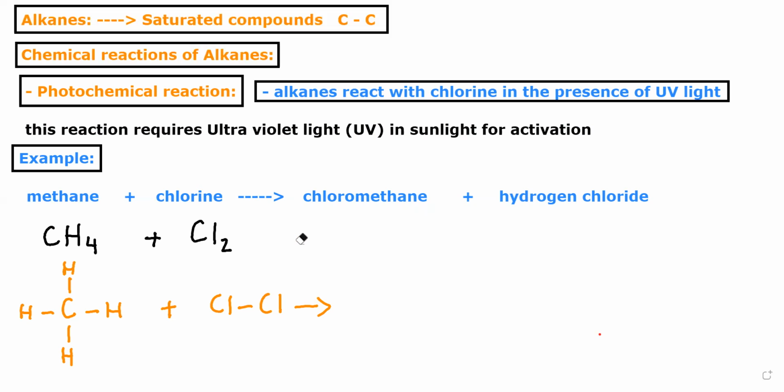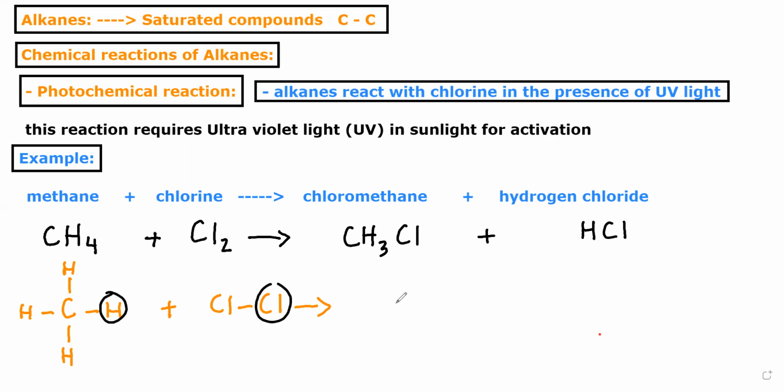Now let's complete the equation. When I'm talking about chloromethane, let's draw the structure first so you understand better. One hydrogen and one chlorine are going to make hydrogen chloride, and the remaining will make chloromethane, CH3Cl. How will the structure look?